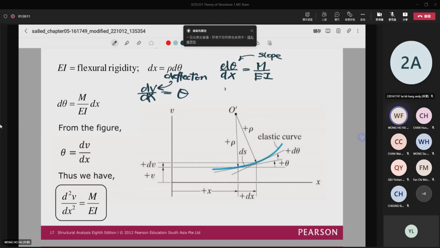So if we differentiate two times, you have this relationship. These two relationships will be the most important idea that you need to learn: d theta/dx is equal to M over EI, and d squared v over dx squared is equal to M over EI.